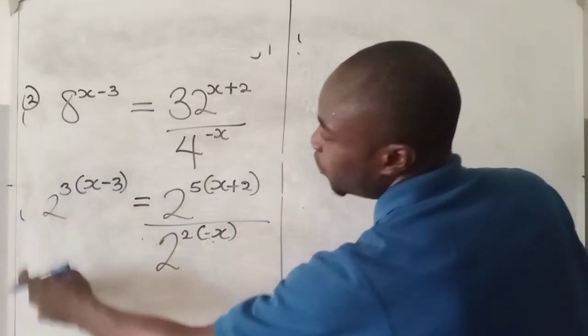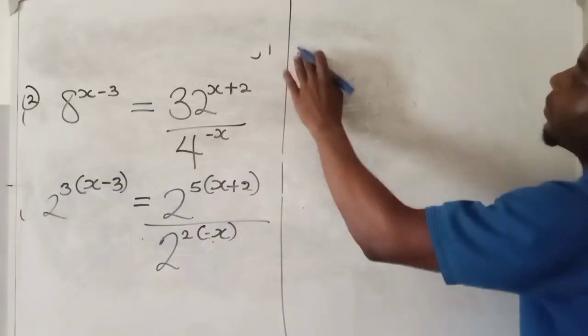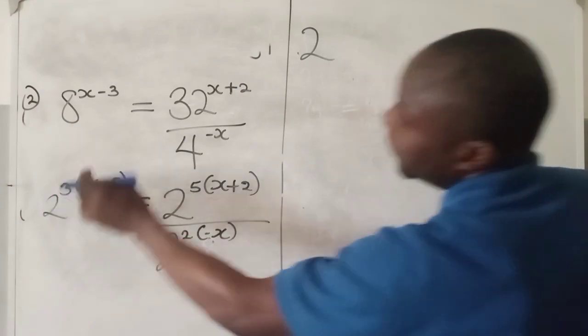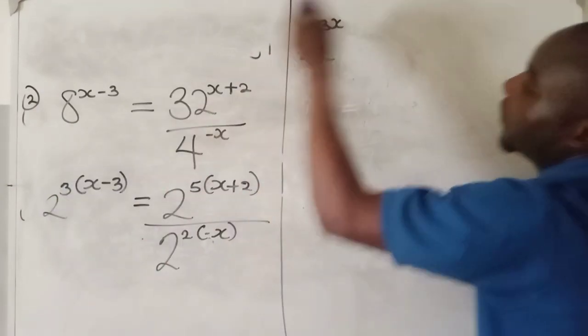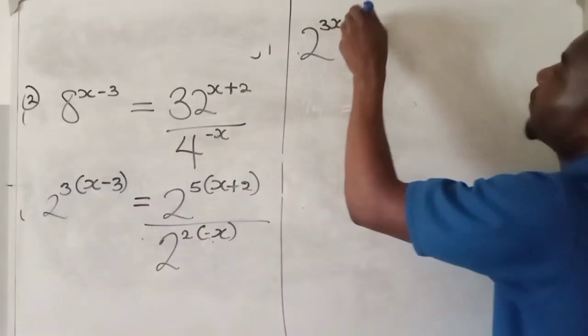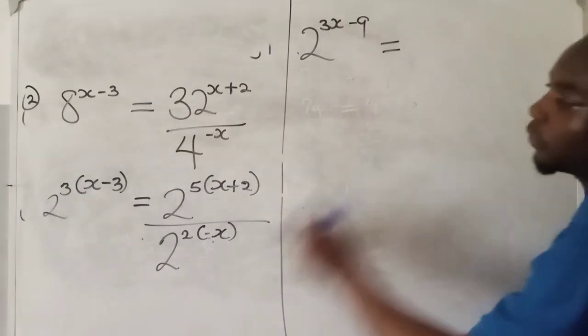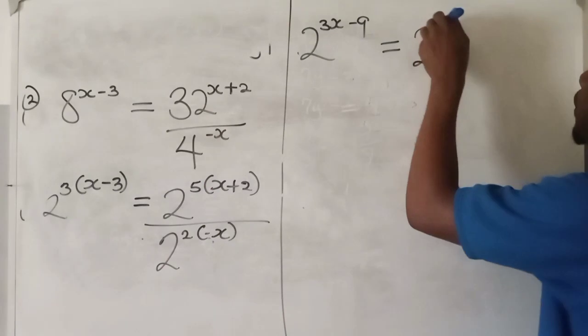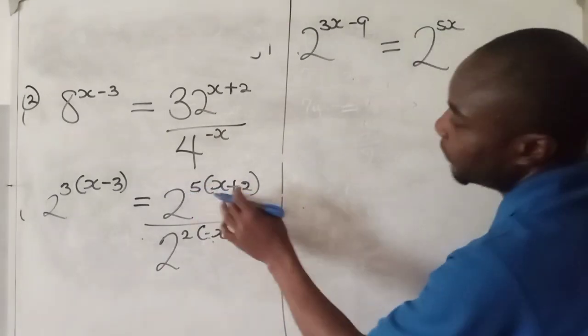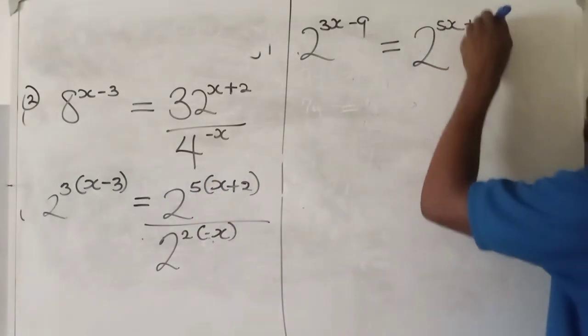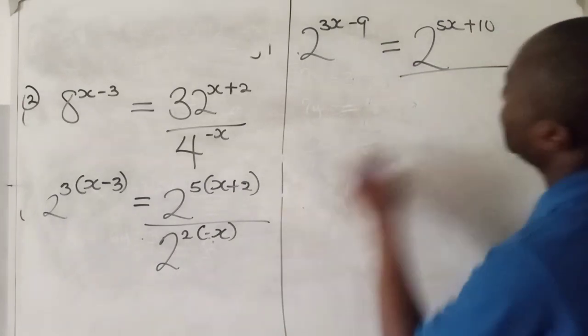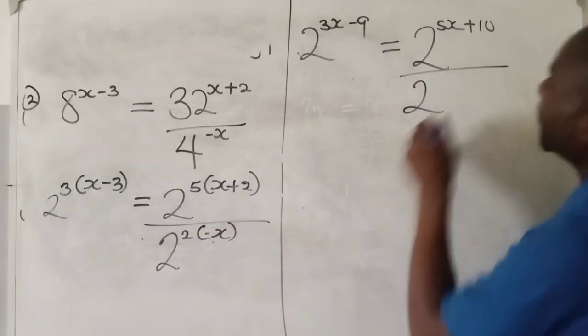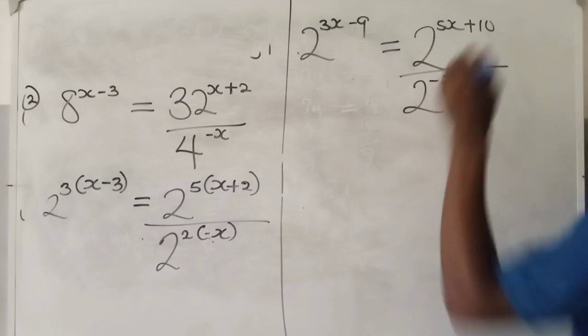So we'll bring down 2 raised to the power of 3 times x is 3x, and 3 times minus 3 is minus 9, and that's equal to 2 raised to the power of 5 times x, we have 5x, and 5 times plus 2, we have plus 10, all over 2 raised to the power of minus 2x.